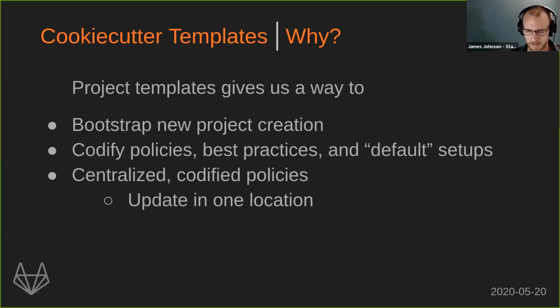One of the other benefits is a centralized location for policies. It's a little different than just having a project template. You can have your created or generated project reference policies inside the template project. And with GitLab CI.yaml, you can easily do that.